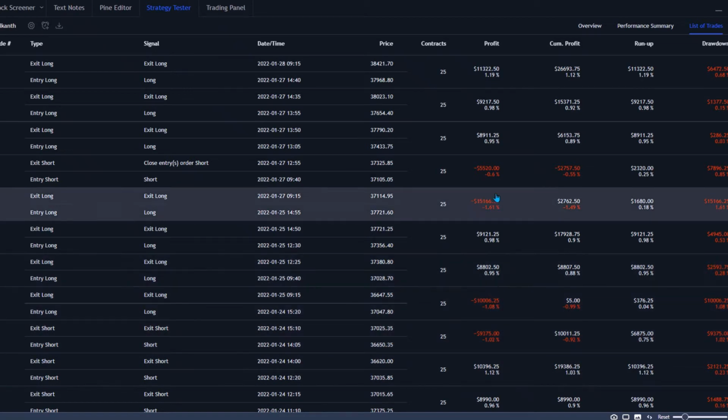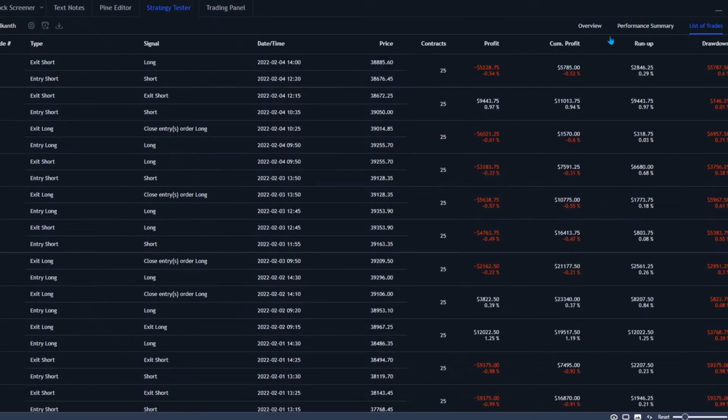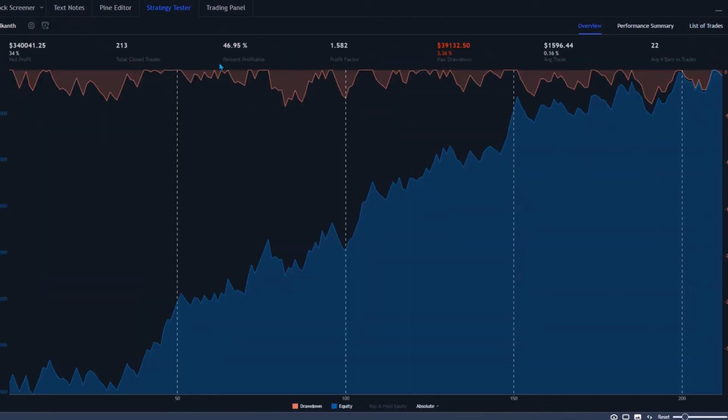If you come back to the overview, around 213 signals were generated, and around 3,40,000 profit was achieved cumulatively over these 213 trades. Around 47% of the trades were profitable. The risk management practice is already in place, as you can see in the performance summary.